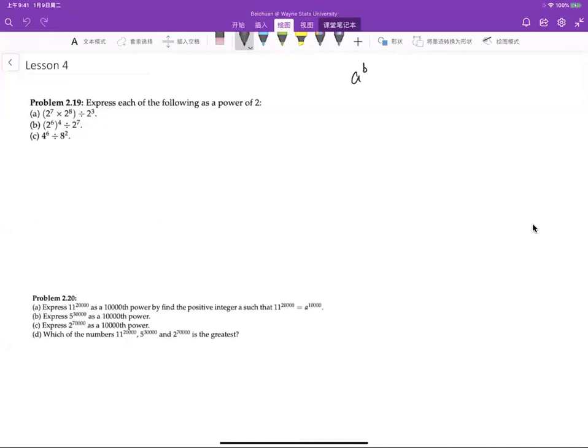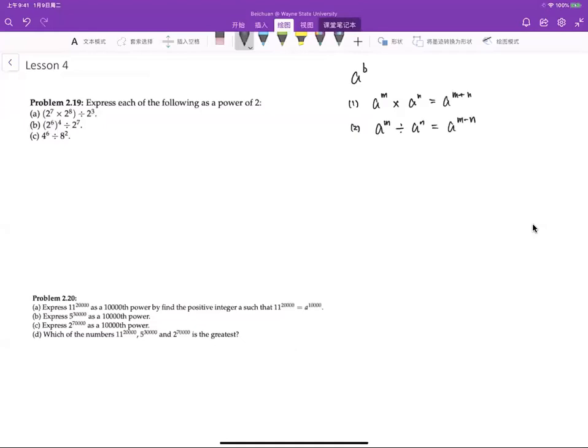And we know that, so the first property says a to the m times a to the n equals a to the m plus n, right? So if you multiply two powers with the same base, then you can just add the two exponents together. The second property says a to the m divided by a to the n equals a to the m minus n.